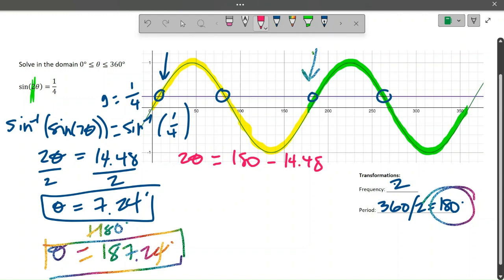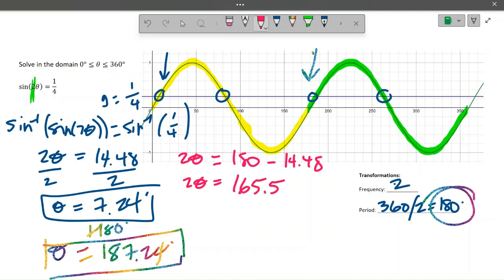Okay, now we're going to work the pink equation, which is the second solution within the 180 degrees. Typically the 180 degrees, but because we have a doubled up sine wave, it's actually within 90 degrees. So still solve the same way. So 180 minus 14.48 is 165.52. And again, we're isolating theta.